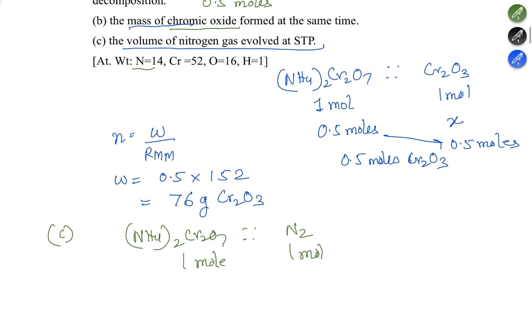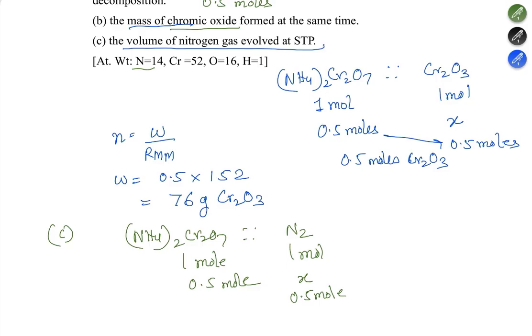We calculated 0.5 mole, so that will also produce the same moles, because the ratio is 1 mole to 1 mole, and the same moles of reactant produce the same moles of nitrogen gas.